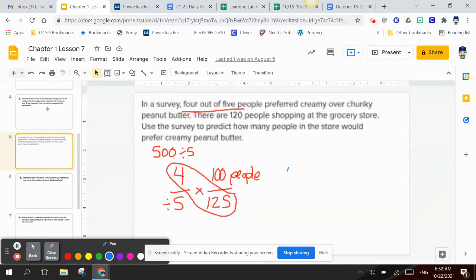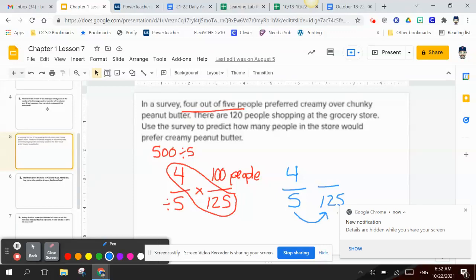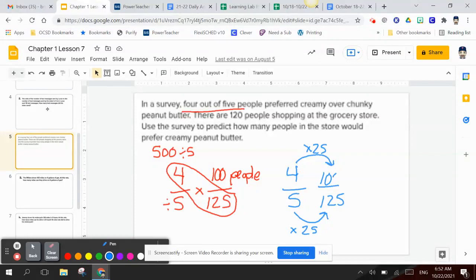I could also look at it as 4/5 or 4 to 5, and there's 125 people. I know that 5 times 25 is 125. And if I take 4 times 25, I get 100. So I still get the same answer.